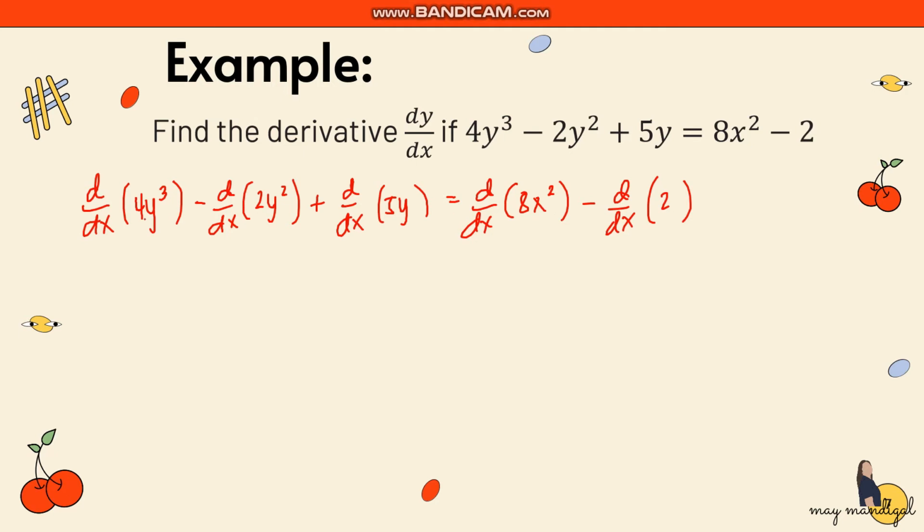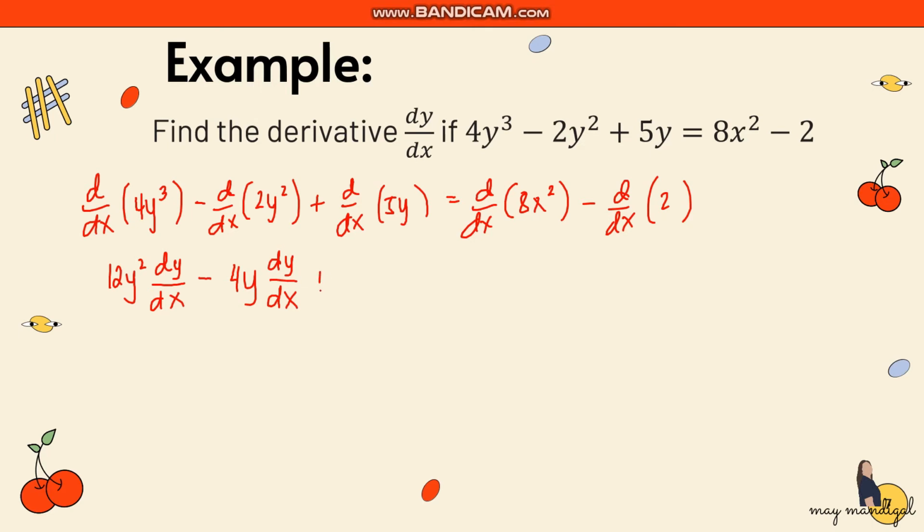And then let's get the derivative of each. For this one, 4y cubed, again, you can just simply apply the rule that we know. Power rule, you multiply it with 4 here and then subtract 1. So that is 12y squared. But again, since we get the derivative of a y term, we have to attach dy over dx. Next, we have here 2y squared, so same explanation as this one, so that will be 4y, and then again attach a dy over dx since that is a y term.